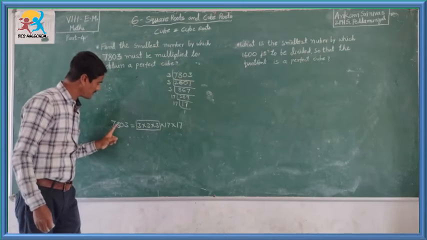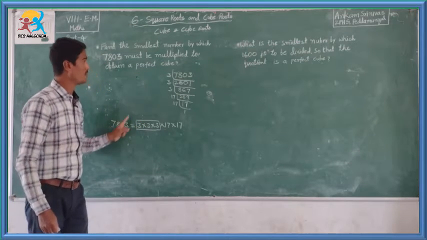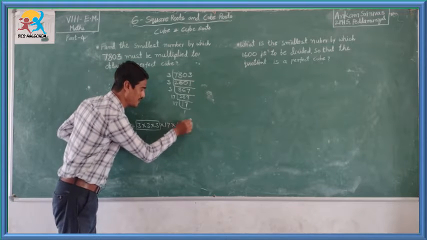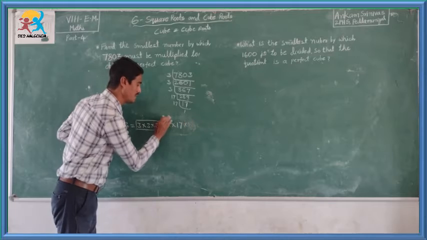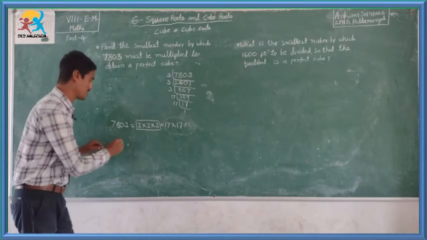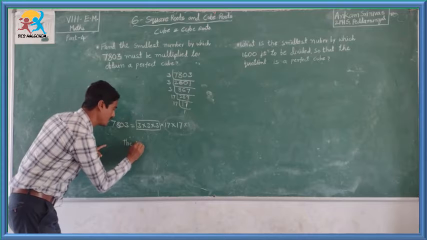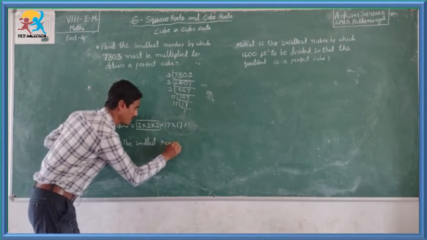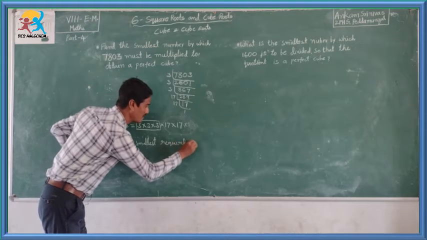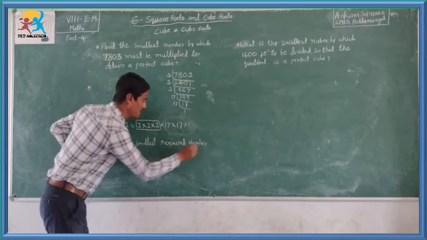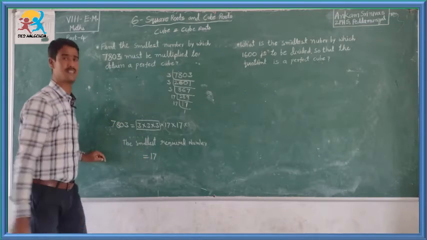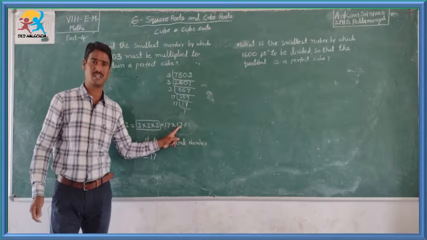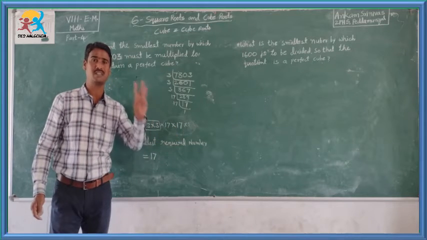So for 7803 to become a perfect cube, we require one more 17 here, then it becomes 17 cube. So the smallest required number is 17, because here 17 into 17 is only a product of 2 same numbers, and we require the product of 3 same numbers.